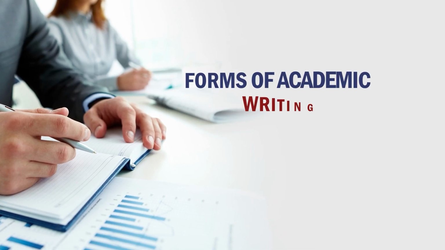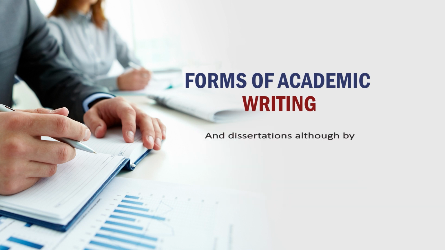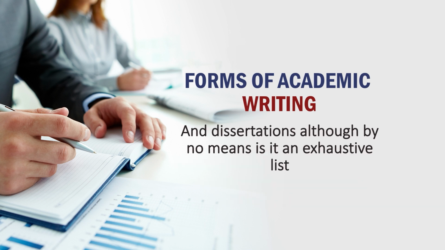The arguments are logically, precisely, and coherently expressed. This kind of writing appears in the form of books, reviews, reports, essays, journal articles, conference presentations, research papers, and dissertations. Although this is by no means an exhaustive list.